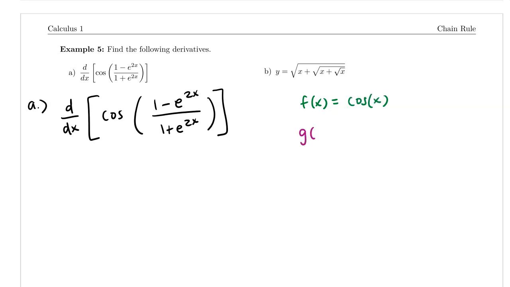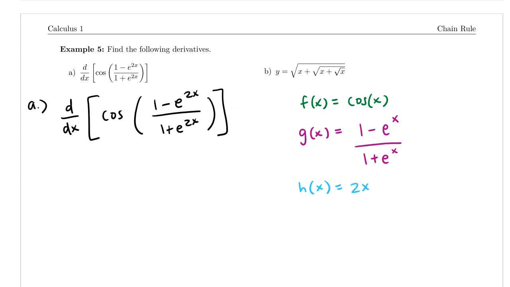Our next function, g of x, is equal to 1 minus e to the power of x over 1 plus e to the power of x. And then our innermost function, what we are plugging into our exponent, is 2x.